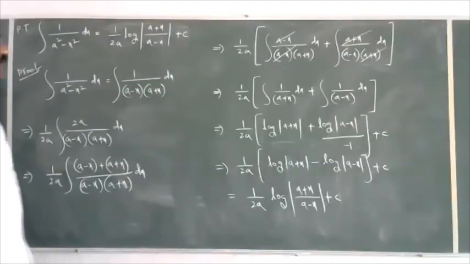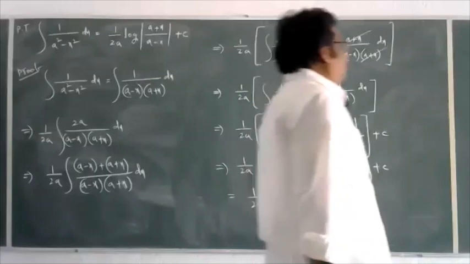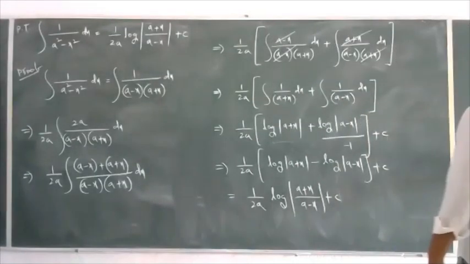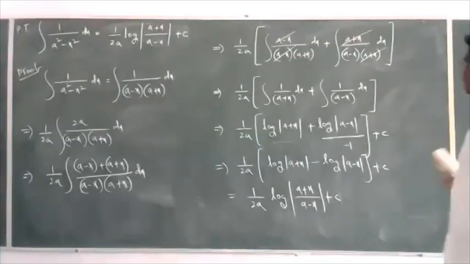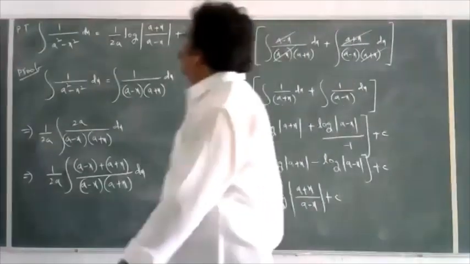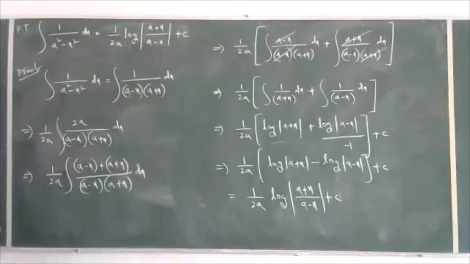Yes, that's the second theorem. Two formulas are added to your formulas list: integral 1 by x square minus a square is one formula, and integral 1 by a square minus x square is another formula.